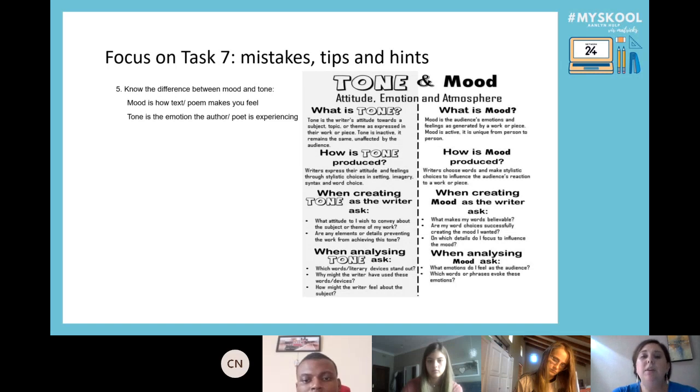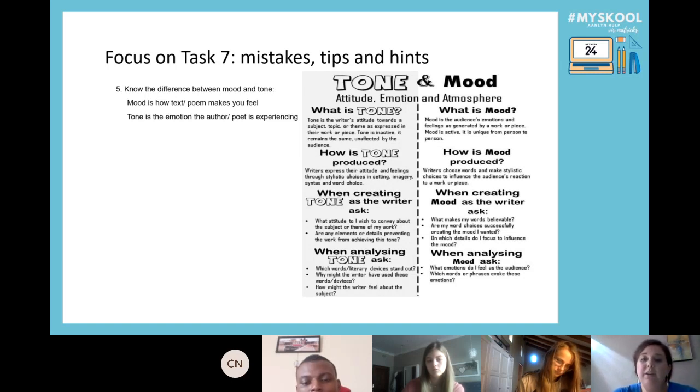So you have to learn other words instead of just happy and sad. The tone can be angry, it can be depressed, dejected, mournful, it can be lively, energetic, exuberant. There are many words that describe happy and sad.